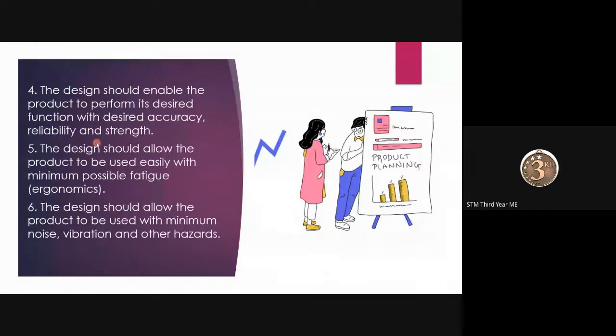It must satisfy all these three functions: accuracy, reliability, and strength. Only then is the product's function satisfied. So the fourth point is to enable the product to perform its desired function with desired accuracy, reliability, and strength.